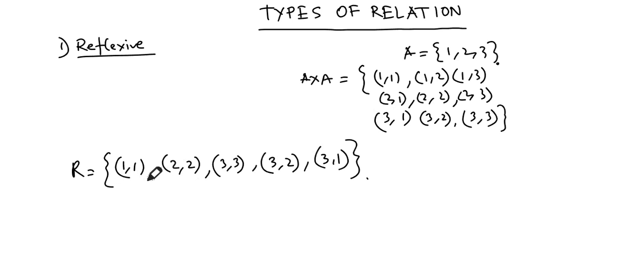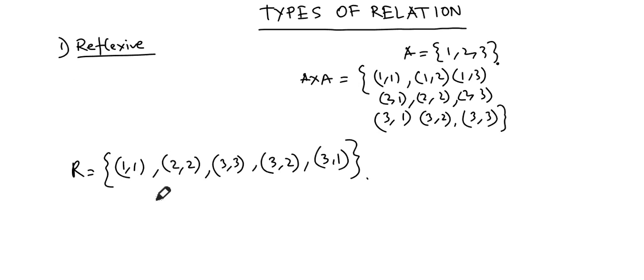The pairs (1,1), (2,2) and (3,3). 1, 2, 3 are the elements of A, and there is no other element except 1, 2, 3. The pair (1,1) is here, the pair (2,2) is here, and the pair (3,3) is here. So for every element of A, the ordered pair relating it to itself is there.